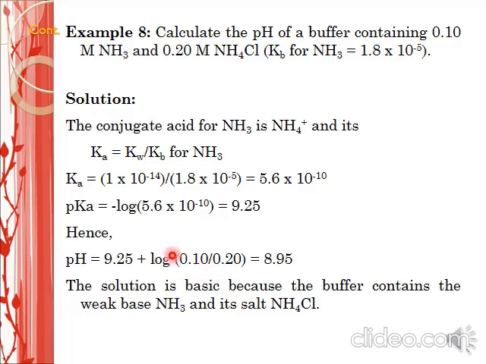Divide first, the concentration of base over acid, then you take the log. After that, you add 9.25. You should get 9.95. So this buffer solution is basic because it's made of a weak base.